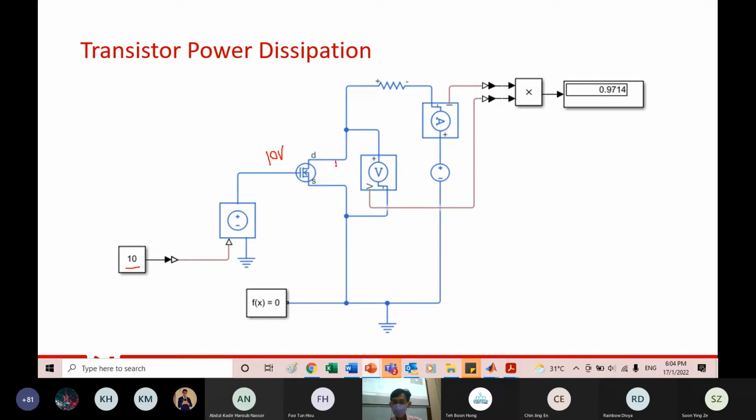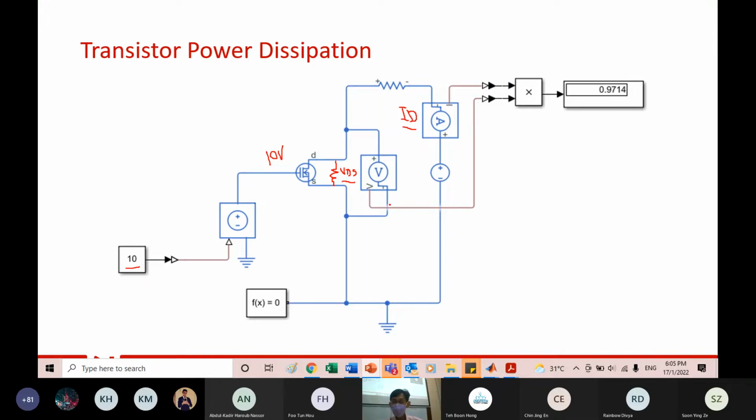Measure the voltage across. And then we measure the current, which is ID. Okay, and this is VDS. So we multiply them, VDS multiplied by ID, you get the power dissipated across this transistor.